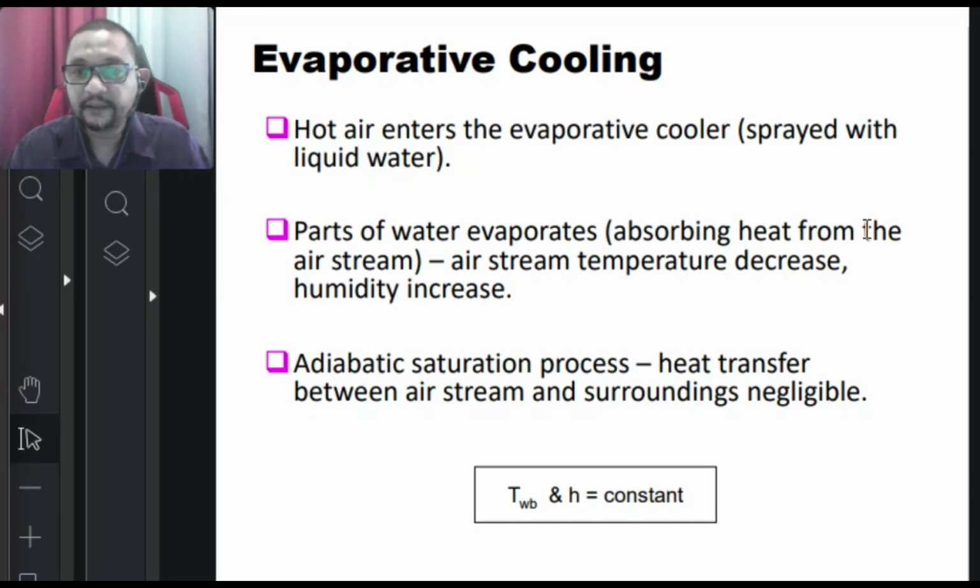Part of the water evaporates and absorbs heat from the airstream. Airstream temperature decreases and humidity increases. This is an adiabatic saturation process where heat transfer between the airstream and surroundings is negligible. So we assume that the wet bulb temperature and enthalpy are constant.